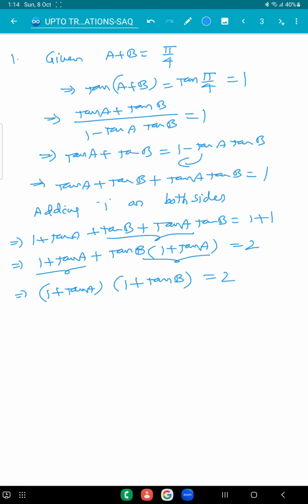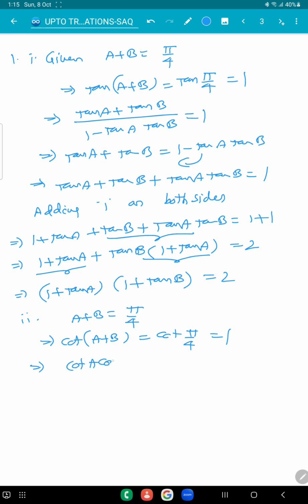Next question is in this one, the first bit is this one. Second bit is cot a minus 1 into cot b minus 1 is equal to 2. Similarly, a plus b is equal to pi by 4 is taken. Let us take cot on both sides. Cot a plus b is equal to cot pi by 4. Cot pi by 4 value is 1. What is the cot a plus b formula? Cot a cot b minus 1 by cot b plus cot a is equal to 1.